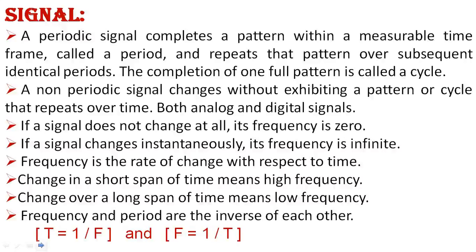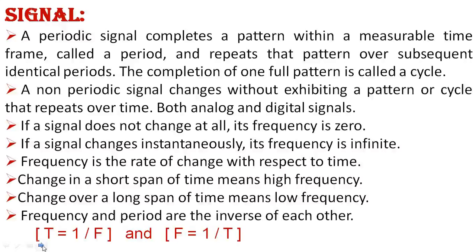So a periodic analog signal repeats its pattern with respect to time, and when it completes one pattern, that is called a cycle. A non-periodic signal changes without exhibiting a pattern or cycle over time. This applies to both analog and digital signals.